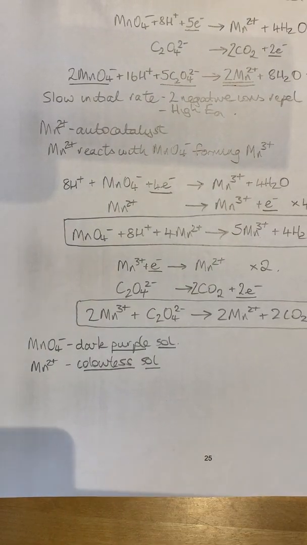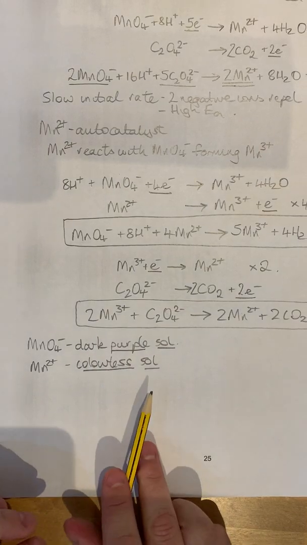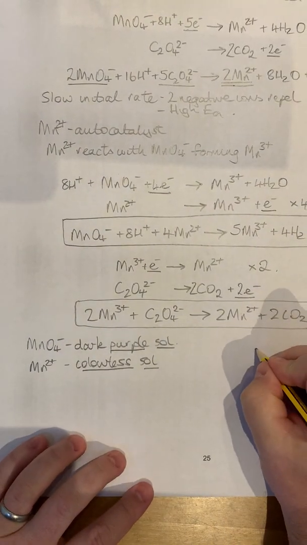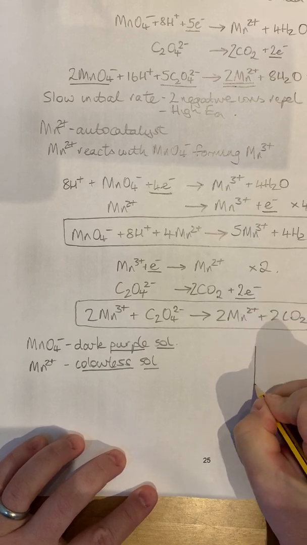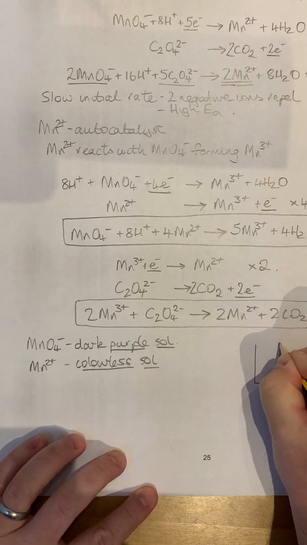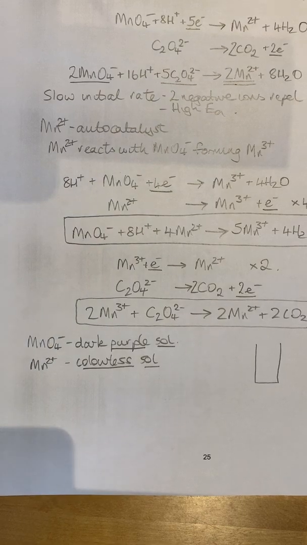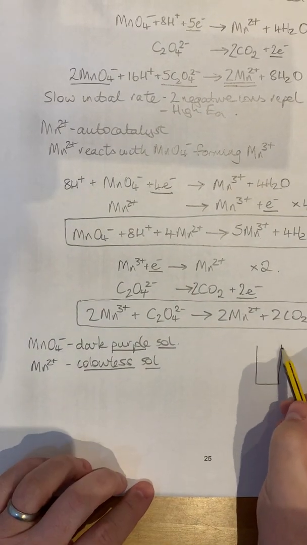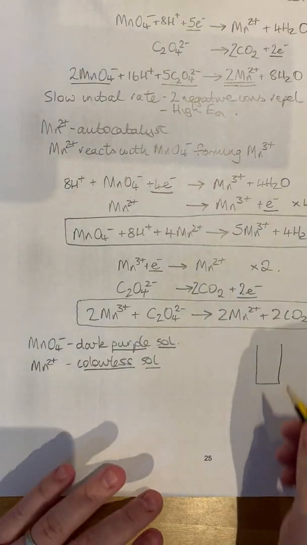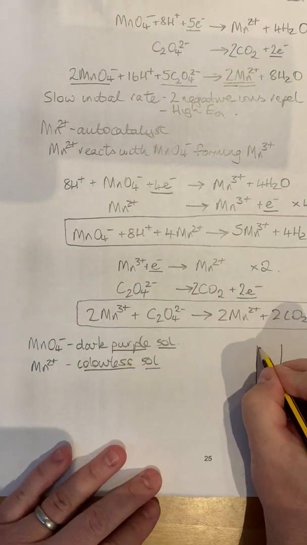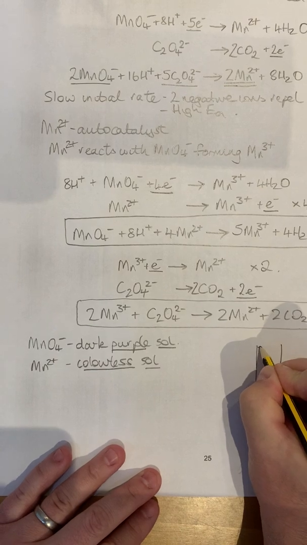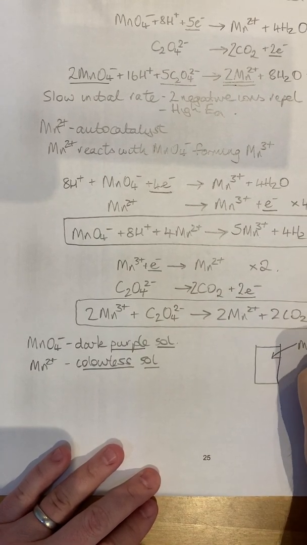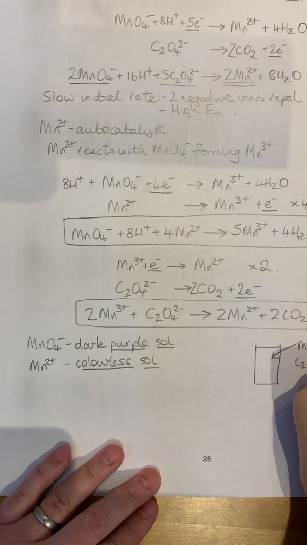So if we were monitoring this reaction with a spectrophotometer, you've got a cuvette. A cuvette is a small plastic container, and it's about 1 centimetre wide. If you've got your reactants in here, so at the start, you've got MnO4- and C2O42-.